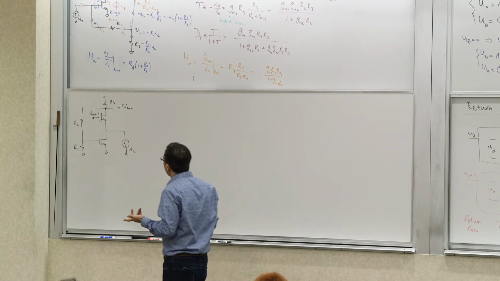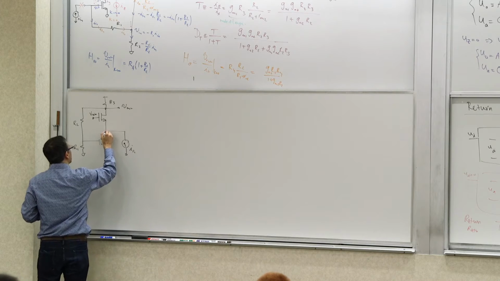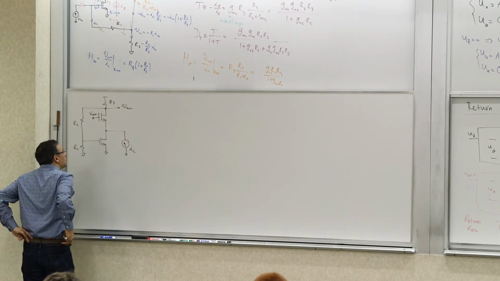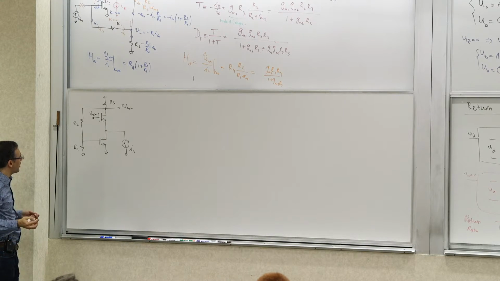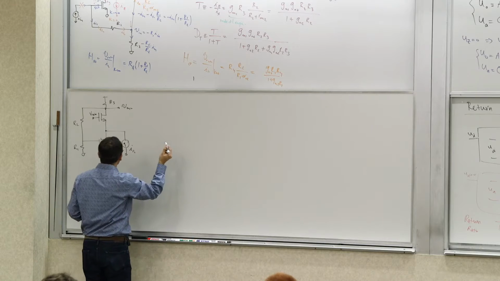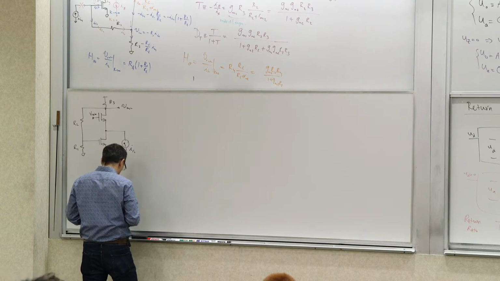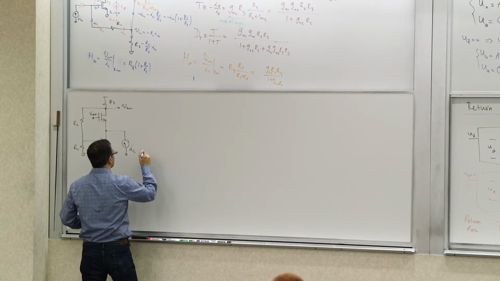Again, it's a transimpedance amplifier, if you will. There's an output to input ratio that's determined by this. We did the asymptotic transfer function before, but let's do it quickly again. I will draw the small signal model next to it so you can see how it looks.